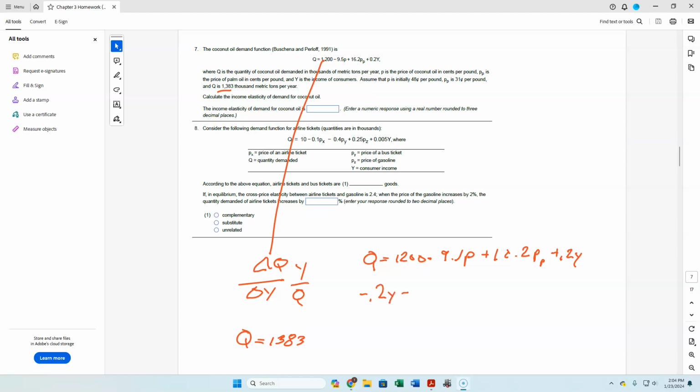Negative 0.2Y equals 1200 minus 9.5 P plus 16.2 PP minus Q.